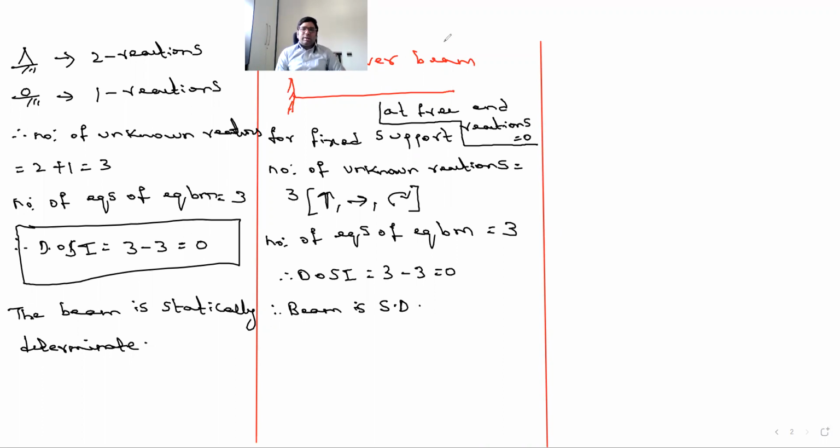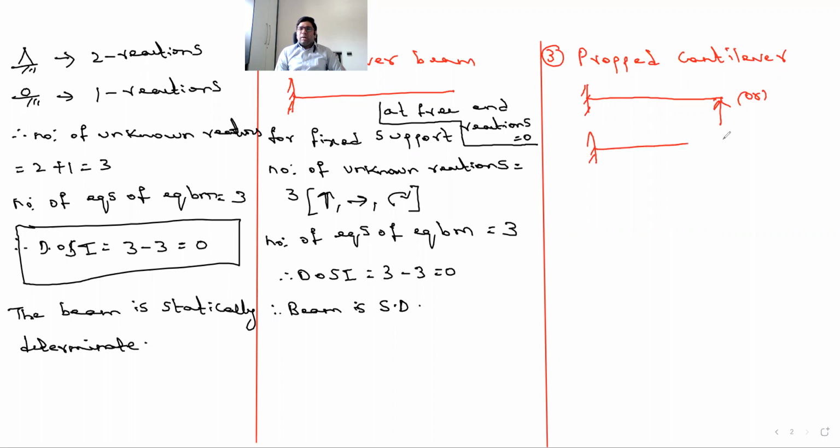Now we are slowly entering into the different complicated levels of the problem, but no worries. The third problem is called propped cantilever. What is it called as? Propped cantilever. So propped cantilever will be looking like a beam with fixed at one end and a simple support at the other end, or it can be a roller at the other end.